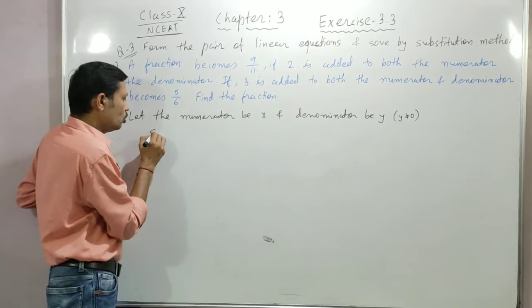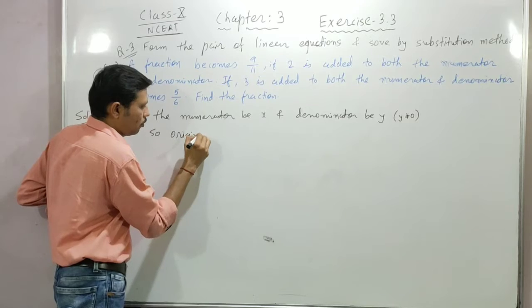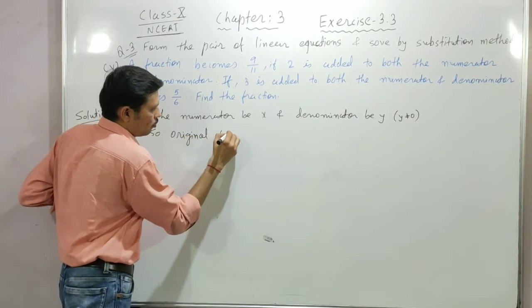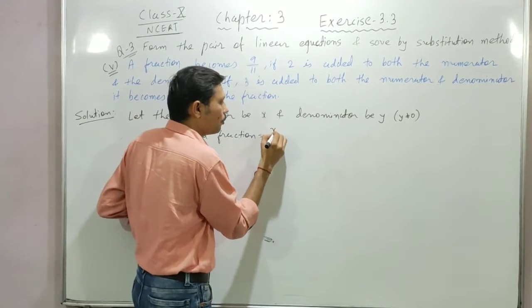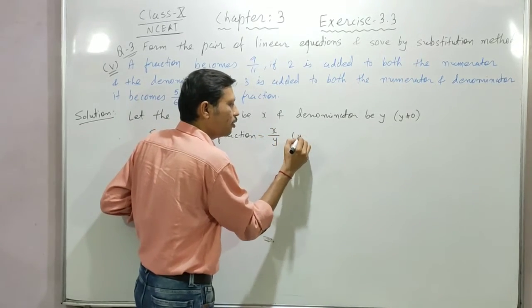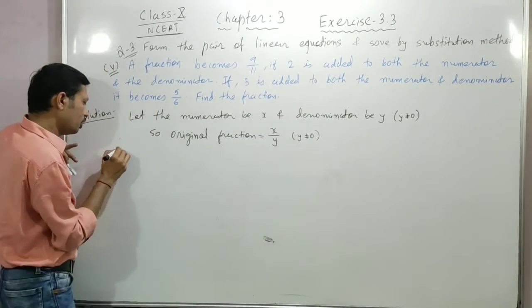Okay, so our original fraction, that is the numerator upon denominator, x by y, where y not equal to 0. Clear?